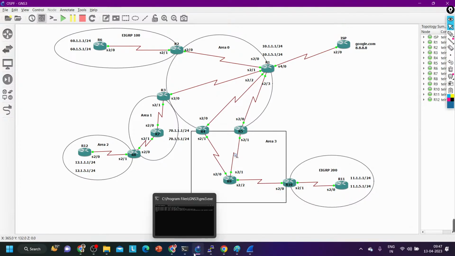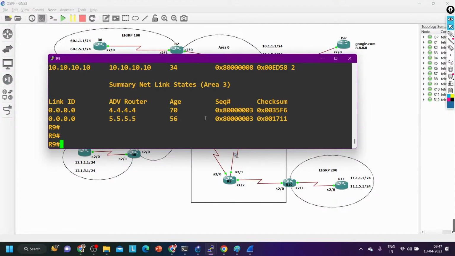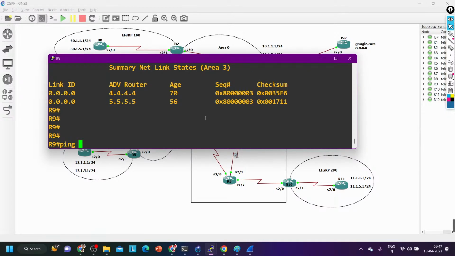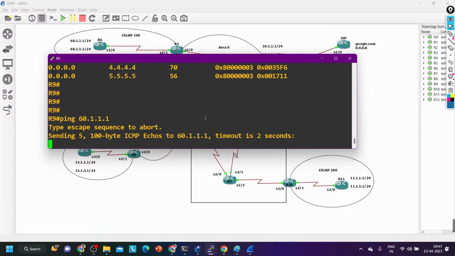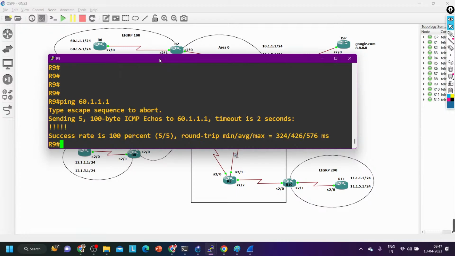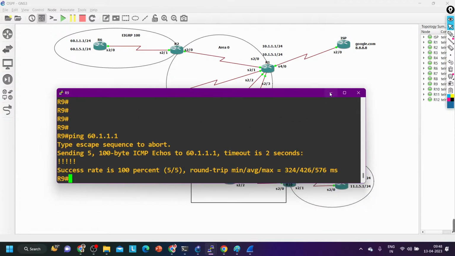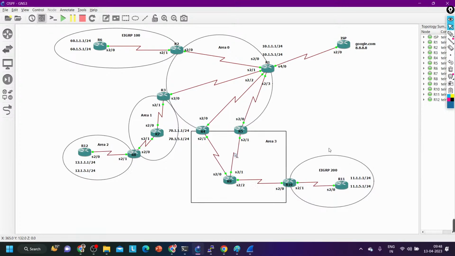Now from router number 9, if you ping EIGRP domain prefixes 60.1.1.1, yes, you are able to ping. Yes or no? But in stub area, ASBR is not allowed. So that's why I am not able to ping 11.1.1.1.